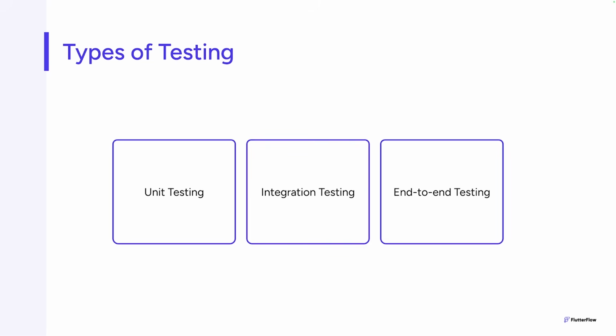Testing is an essential step in the software development lifecycle. It ensures that your application functions correctly, is bug-free, provides a smooth user experience, and is generally maintained over time. Several types of testing should be incorporated into your development process. Unit testing, which tests individual components, integration testing, which checks if components work together, and end-to-end testing, which validates the entire user journey.